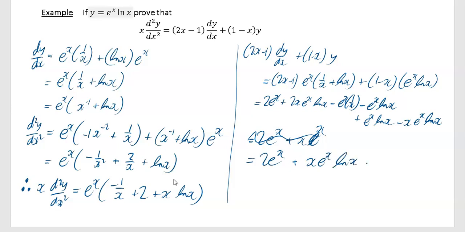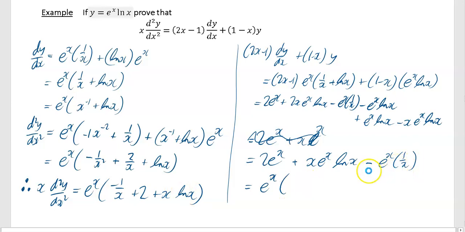And then I'm going to have my minus e to the x times 1 over x. Okay, doesn't really look like what I have, but I just say take out an e to the x, and I've got, first of all, my minus 1 over x. I've also got 2, and I've got x, then x.